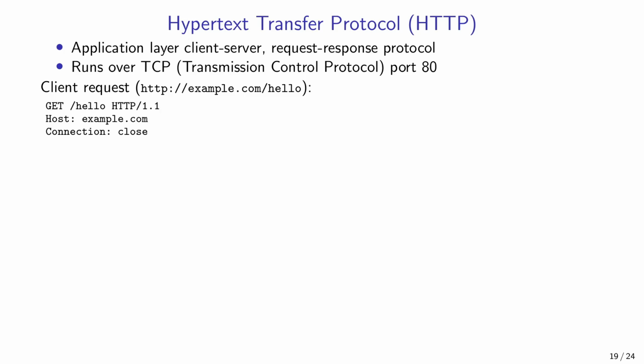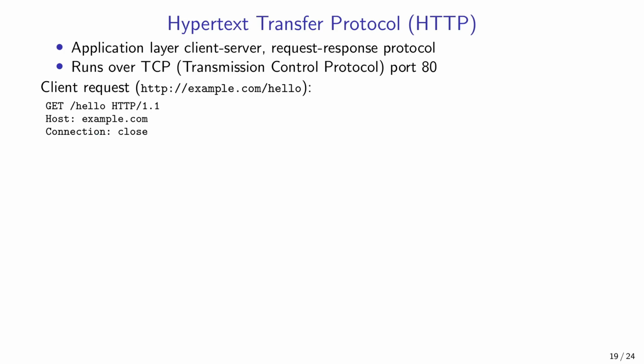Our request will have a header where we specify the HTTP request method GET, the path which we want to request, and HTTP version 1.1. Then we specify the host name to which the request should be sent, because one IP address can host several websites with different domain names. Then we can send other headers. For example, Connection: close. This will signal to the server that it can close the TCP connection after serving us the response.